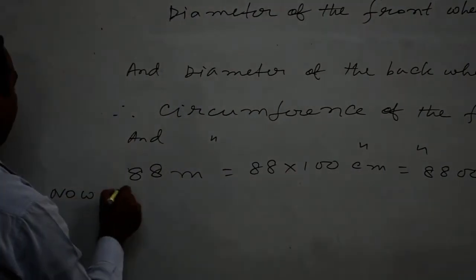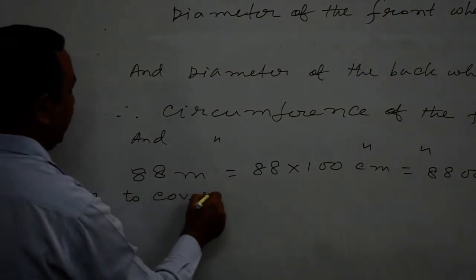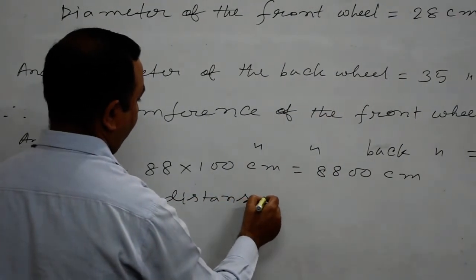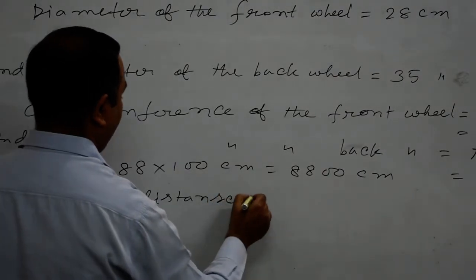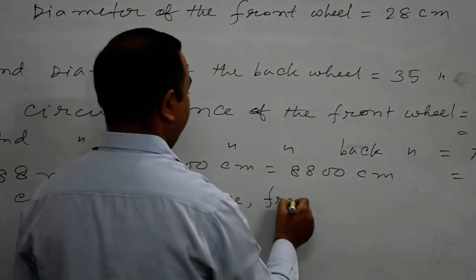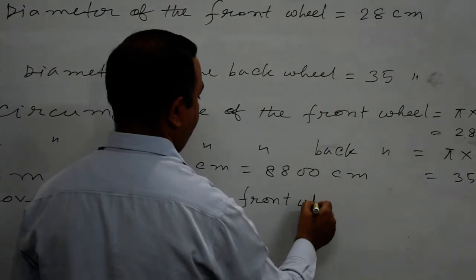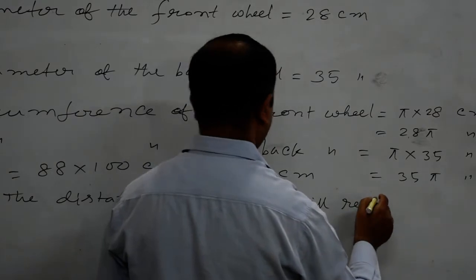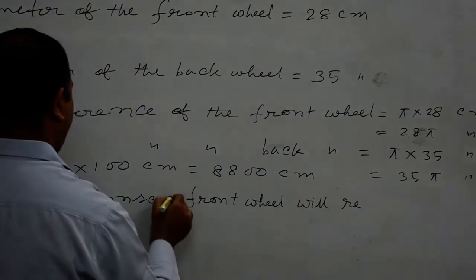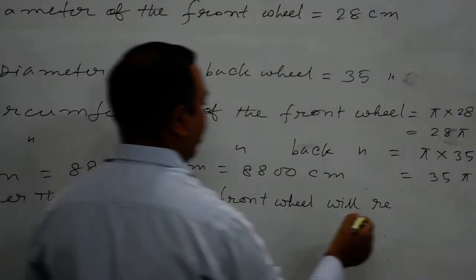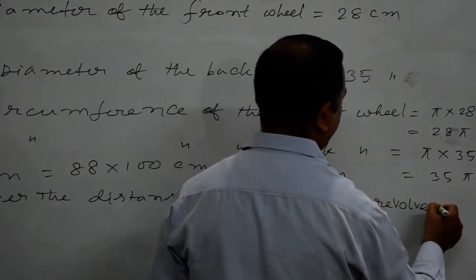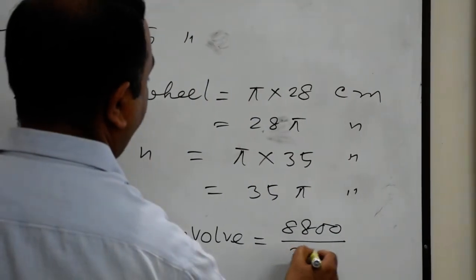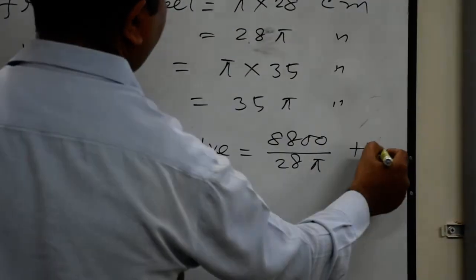Now, to cover the distance 88 meter, front wheel will revolve 8800 by 28 pi times.